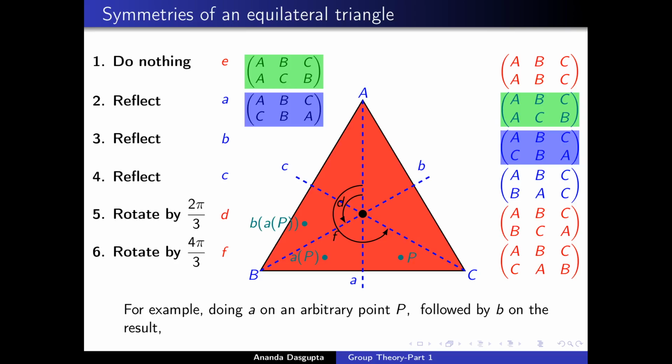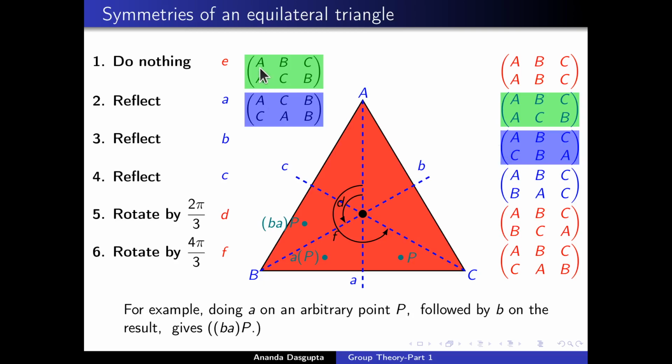So what I can do is rewrite the top line in the form ACB, which matches exactly this top line here, the bottom line here. And A of course goes to C, C goes to A, B goes to B. It is the same permutation as this one, it's just that it has been written slightly differently.